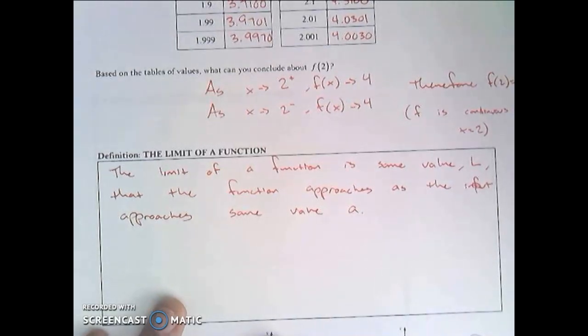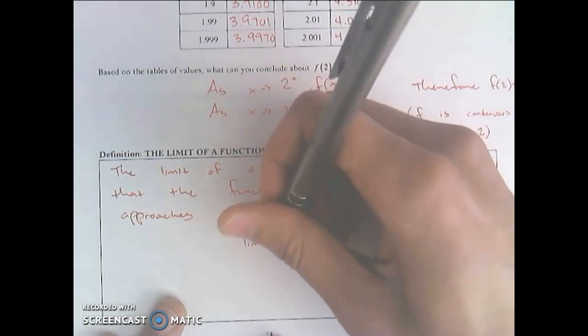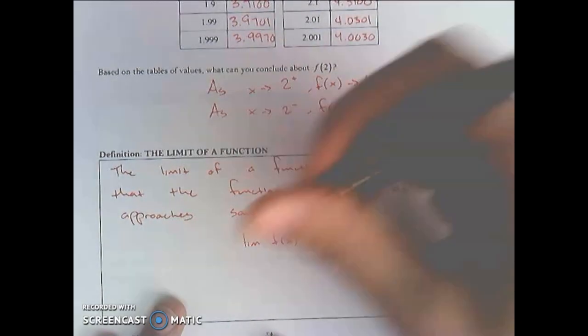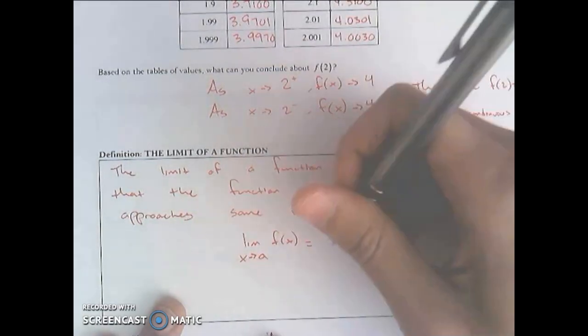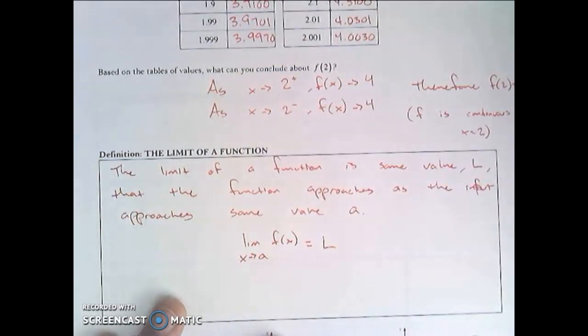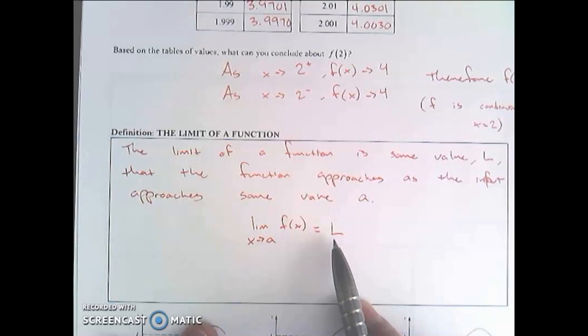And the notation that we use, we can say the limit, lim, of f of x as x approaches a equals L. We would read that as the limit of f of x as x approaches a equals L.